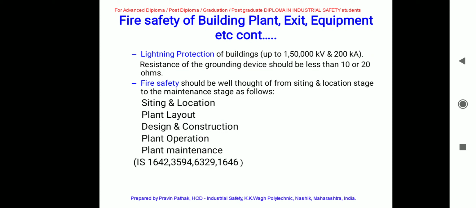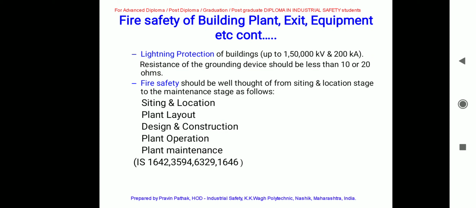Then fire safety should be well thought out from siting and location, because before starting the industry we have to finalize and get approval or license for the site location. Before finalizing the site location, if we think about fire safety, then it is a very good move for fire safety concerns.